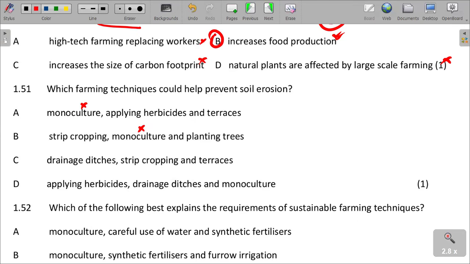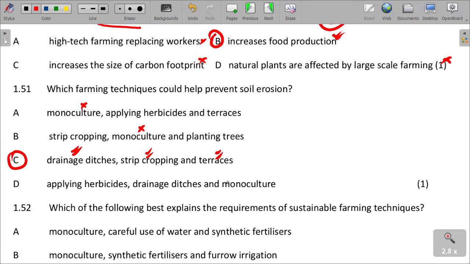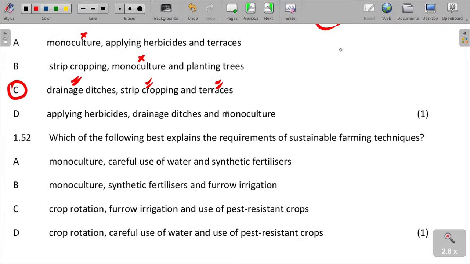Drainage ditches, strip farming, and terracing. So our answer is drainage ditches; they are able to catch or reduce runoff. Strip farming is putting crops in lines, and terraces cover steep landscapes to avoid runoff. So C can be the right answer.